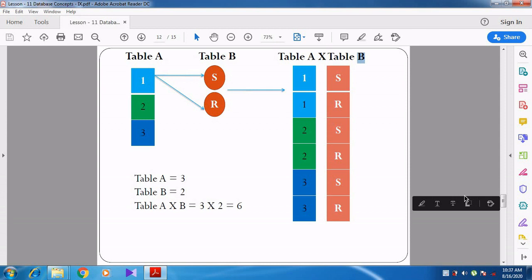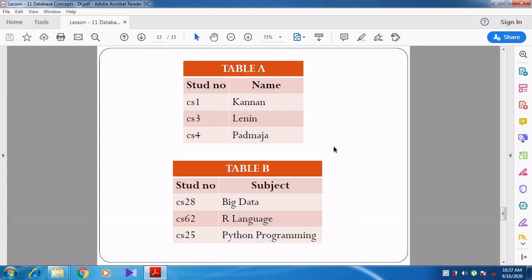Now let us see the example. So let us consider the table. First table contains 2 attributes, student number and name. So CS1 Kannan, CS3 Lenin, CS4 Padmaja. Whereas see the table B. Table B contains different attributes, that is student number and subject.